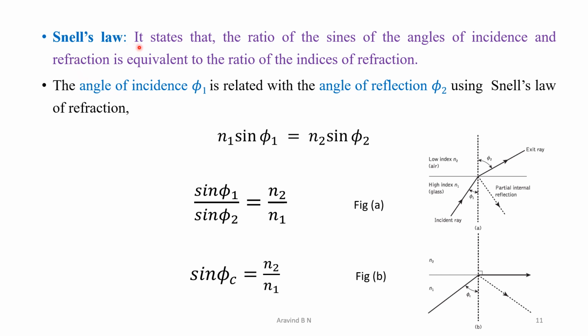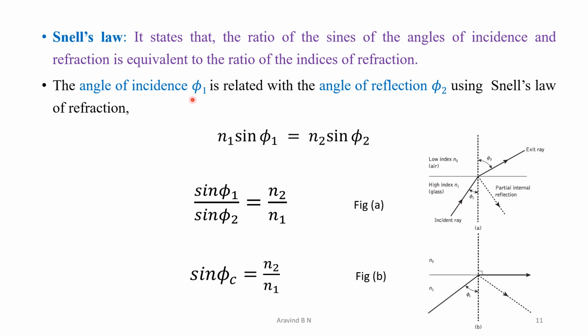Snell's law states that the ratio of the sines of the angles of incidence and refraction is equal to the ratio of the indices of refraction. Indices refers to the refractive index.